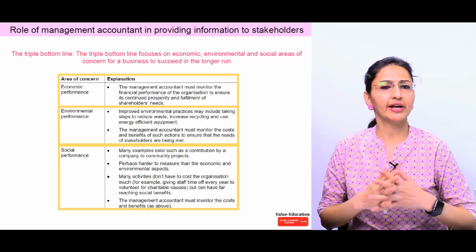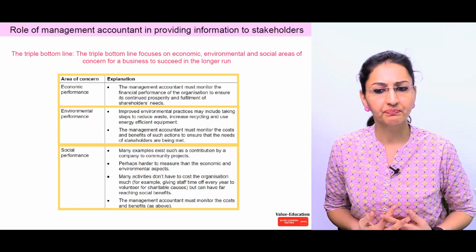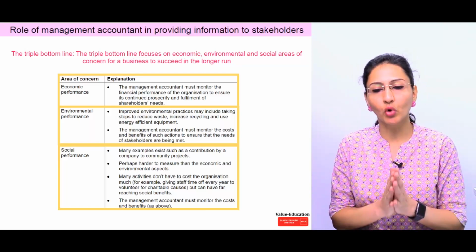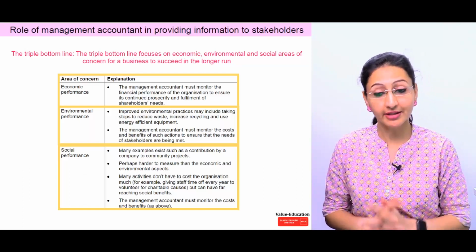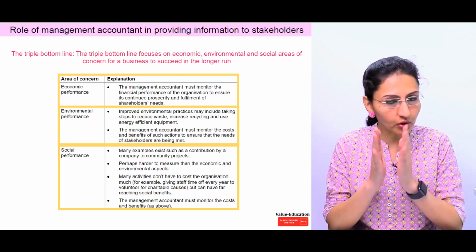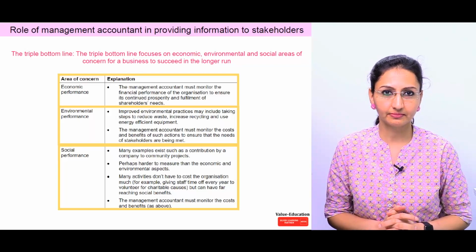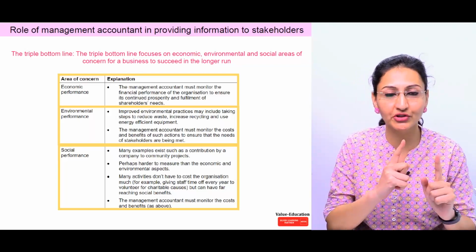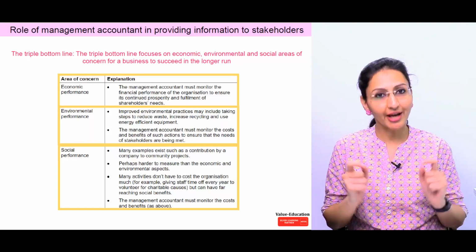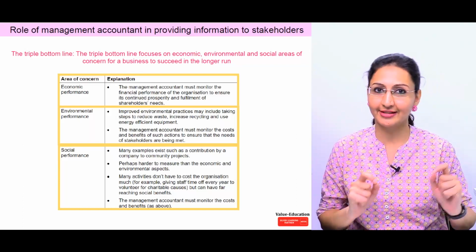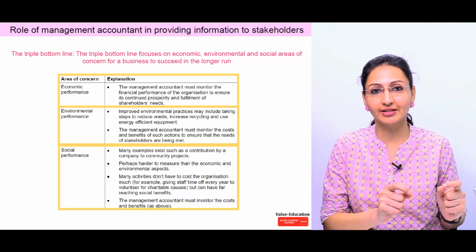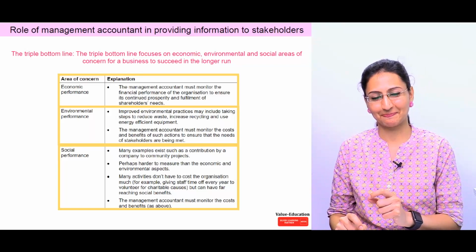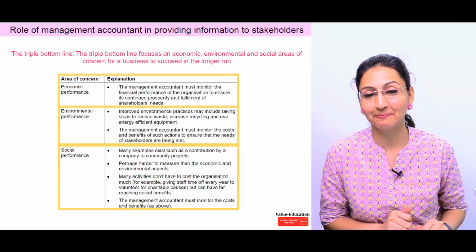Before we go ahead with the triple bottom line, let me give you a small crux of who the stakeholders are. Stakeholders for a business are not only shareholders. Do not confuse stakeholders with shareholders. Shareholders are stakeholders, but all stakeholders are not shareholders. Let me expand this.